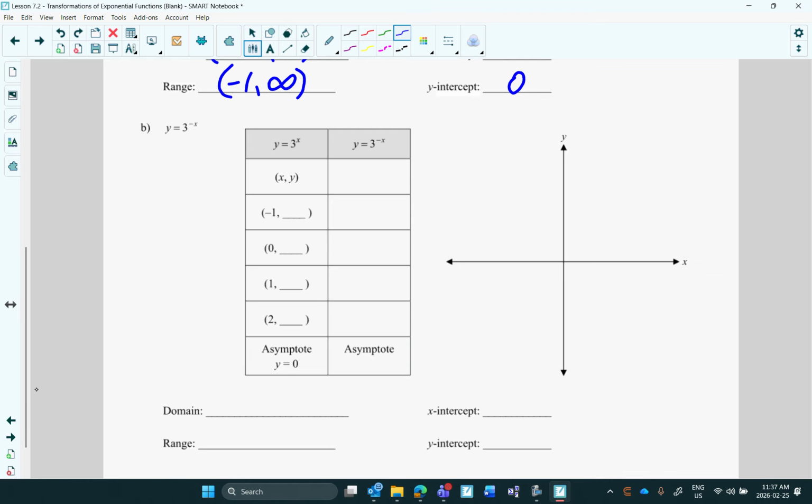Next one. Again, this is a pretty straightforward transformation. If we did 3 to the x, what do I fill in here? This would be a third, 1, 3. So 1, 2, 3, 4.